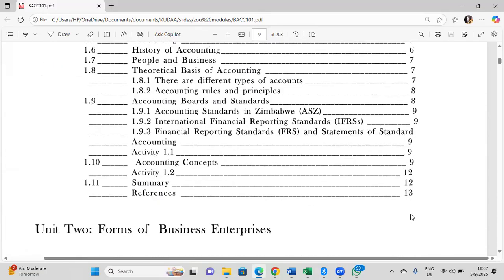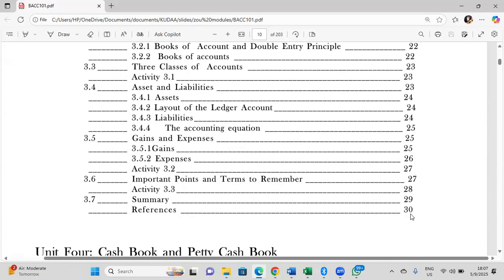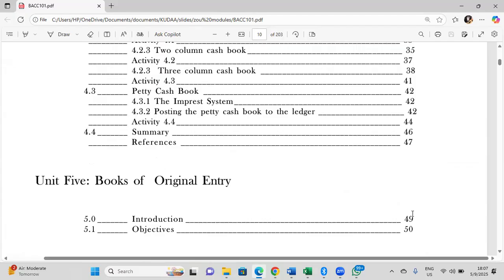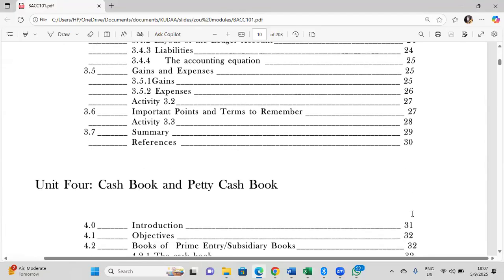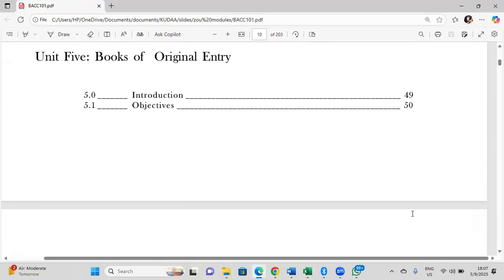Chapter 1 up to chapter 7, I assume you covered that for fin 1A. When you did fin 1A, you did cover chapter 1, chapter 2 up to chapter 7.